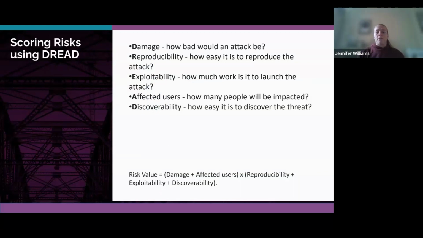So you're looking at how bad would an attack be, how easy is it to carry out, how many people would be impacted, and how easily would your business know that your devices had been compromised. From that, you get a risk value score, which you then categorize as maybe high, medium, or low based on your risk tolerance level. Like I say, other risk scoring methodologies are available, but this is one that I quite like.